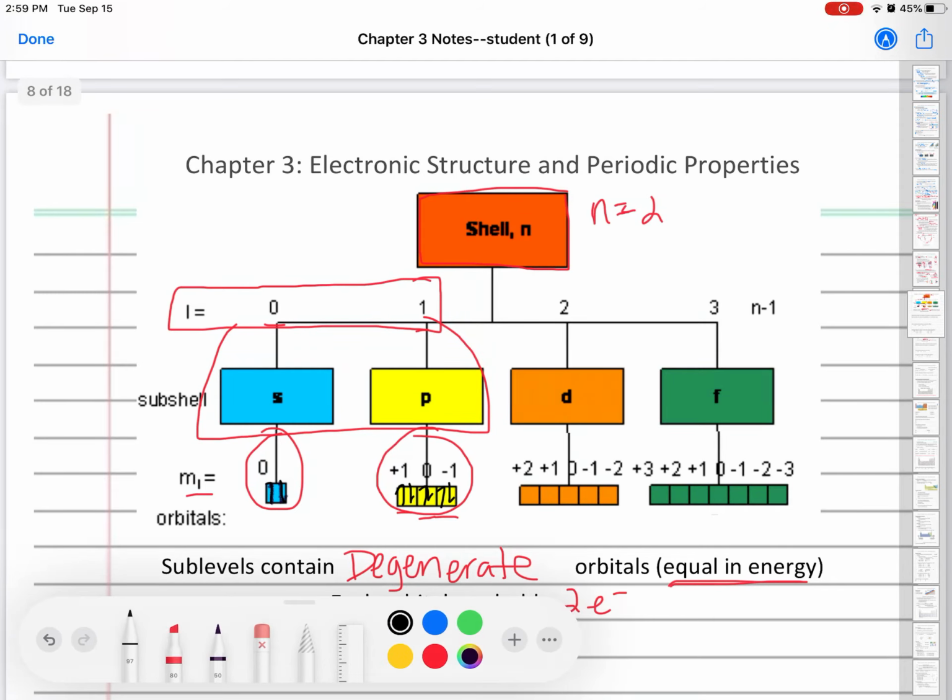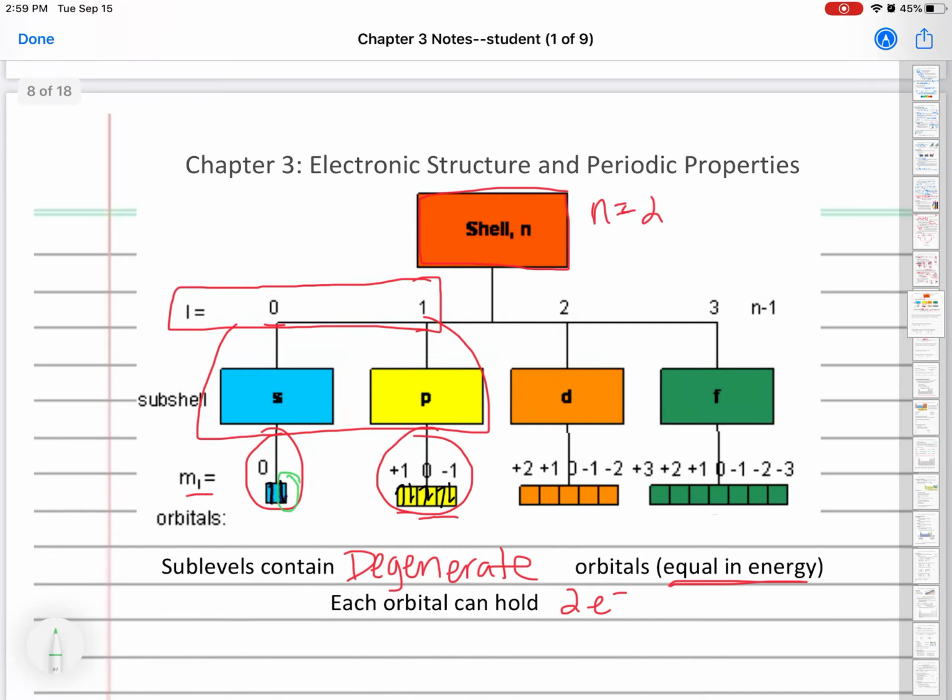And then I could ask, what are the 4 quantum numbers of this electron? Quantum numbers refer to a single electron. So for that electron I just circled, its N is 2, because it's in energy level 2, and its L is 0.